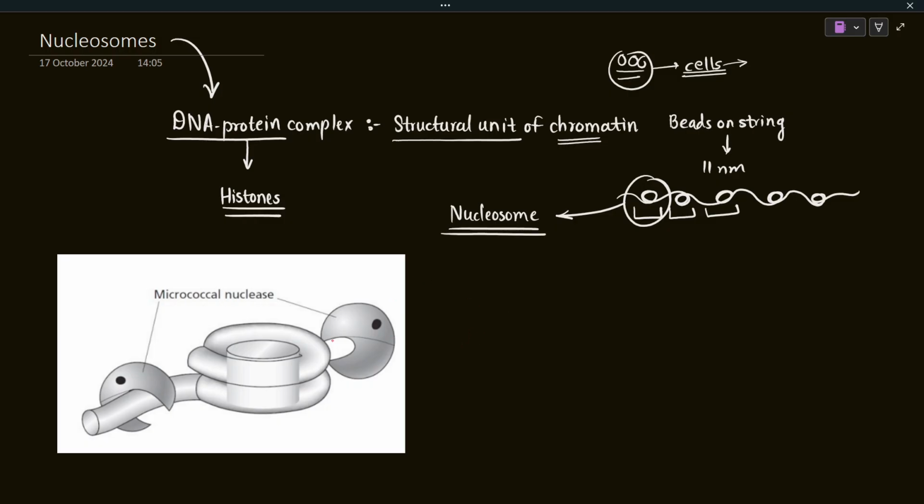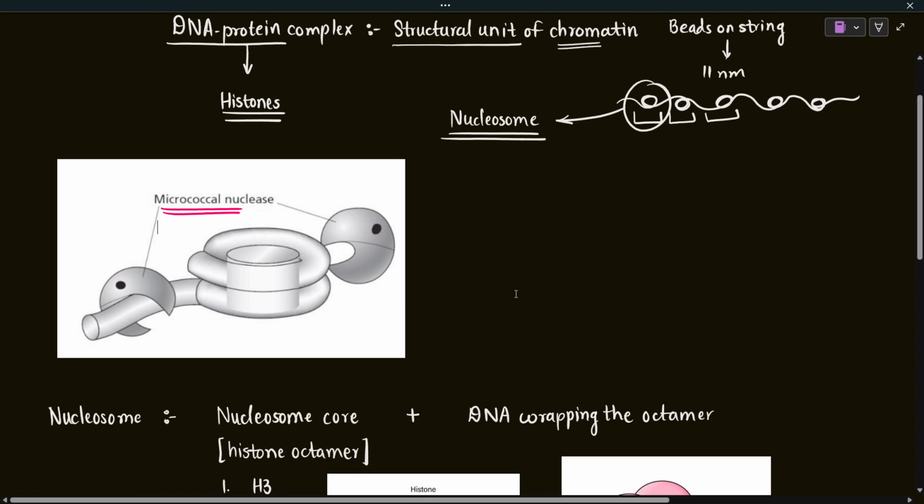For learning that, we have to take a look at an enzyme which is known as micrococcal nuclease. Micrococcal nuclease is an enzyme which has both exo and endonuclease activity. So what are those? Okay, nucleases are the enzymes which can cut DNA or RNA in a certain manner.